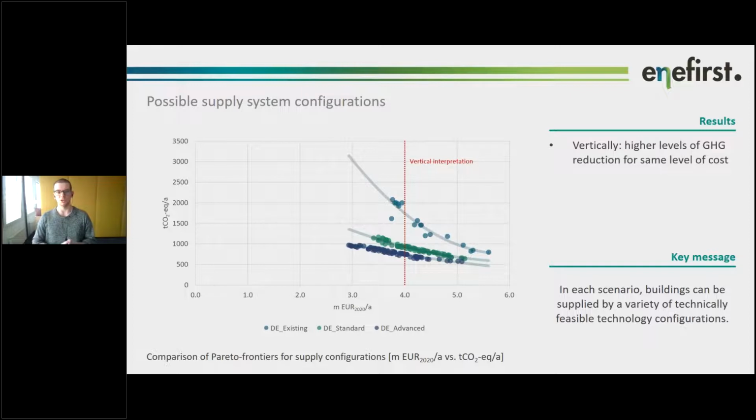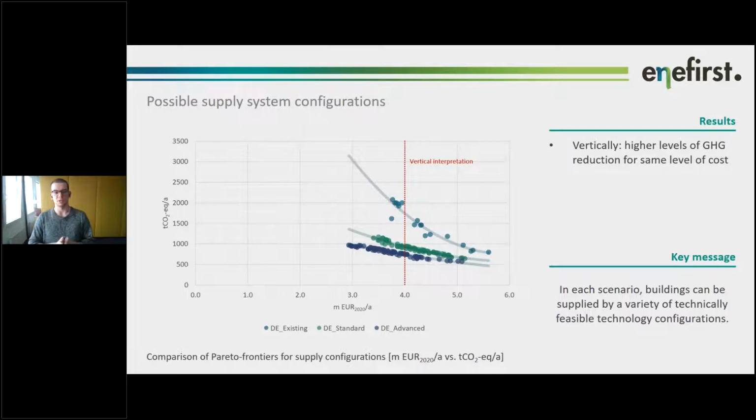So this chart can be interpreted in 2 ways. On the one hand, we can take a vertical perspective, which enables us to see that higher levels of greenhouse gas reduction are possible basically for the same cost when we follow, for example, the advanced scenario. It's important to emphasize here that this is only the cost for energy supply, and it does not yet take into account the renovation cost.